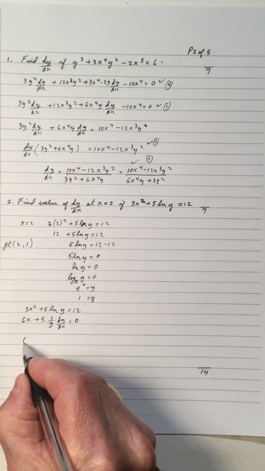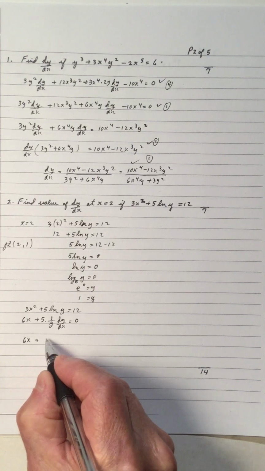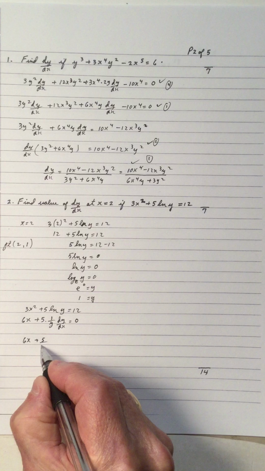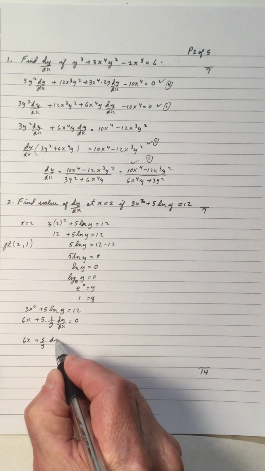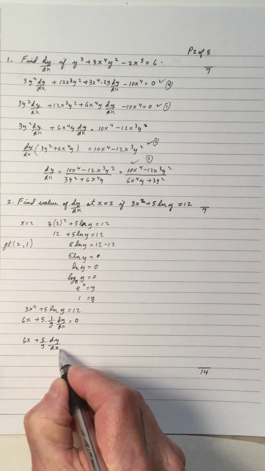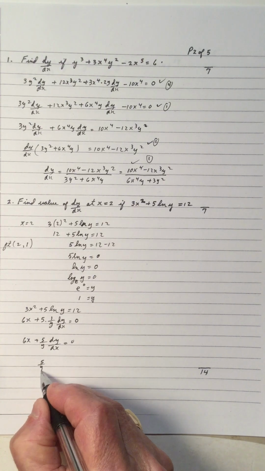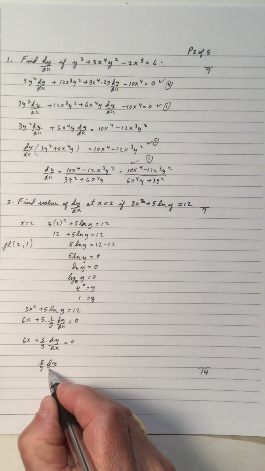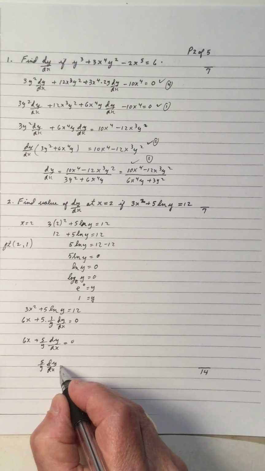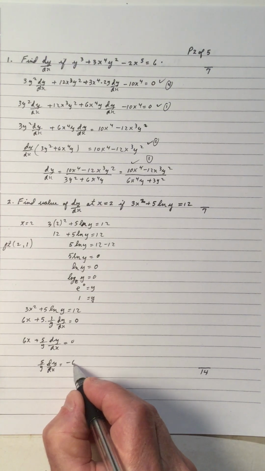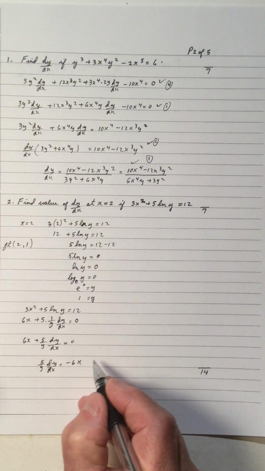So we simplify that, and we get 6x plus 5 over y dy/dx equals 0. So 5 over y dy/dx equals negative 6x.